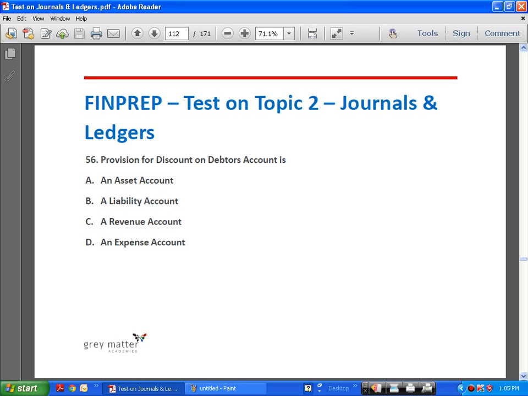The entry for making a provision for discount on debtors is discount on debtors account debit because it is an expense, it is a nominal account, we have to debit all expenses. So we debit discount on debtors account and we credit provision for discount on debtors account, which is shown as a deduction from our gross debtors in the balance sheet. And hence, this does not qualify as a liability, it is a negative asset, and hence we can broadly classify it as an asset. Provision for doubtful debts, applying the same analogy, is also an asset account.